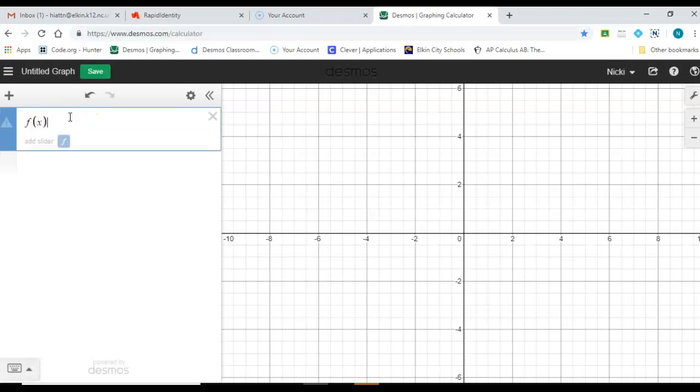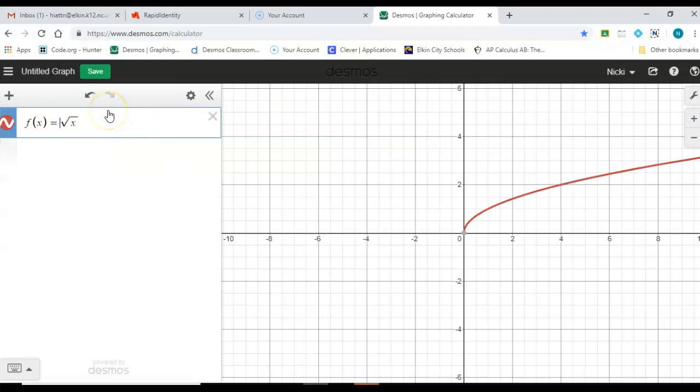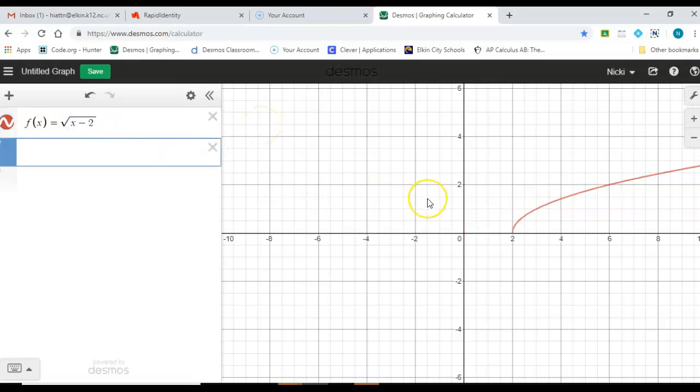So we have f of x equals square root of x minus 2. And then I'm going to graph the point 3, f of 3. So this is the point we're looking at right here on this graph. We want the tangent line that goes through that point there.